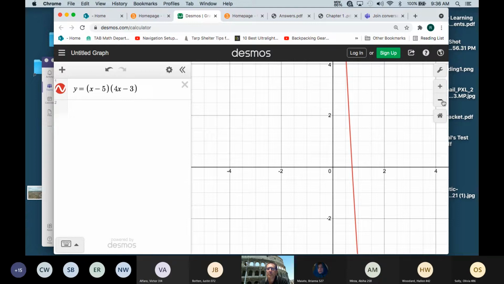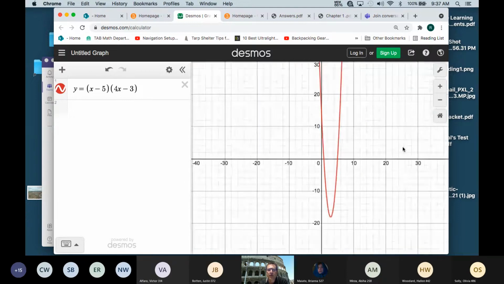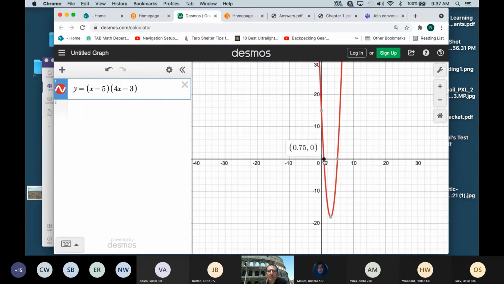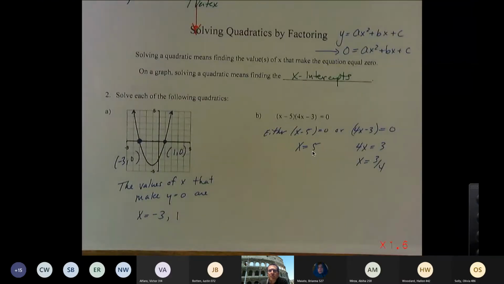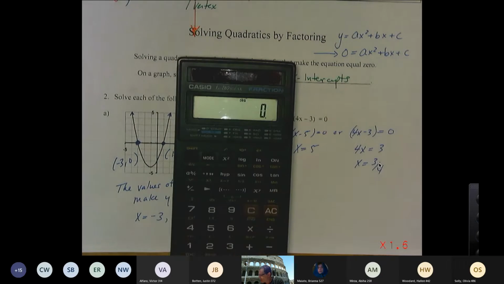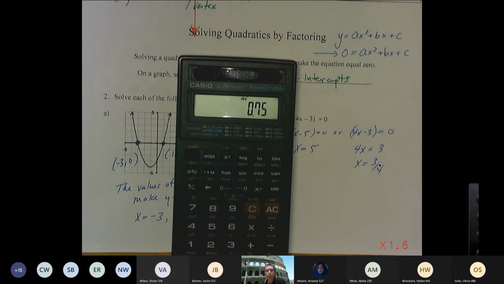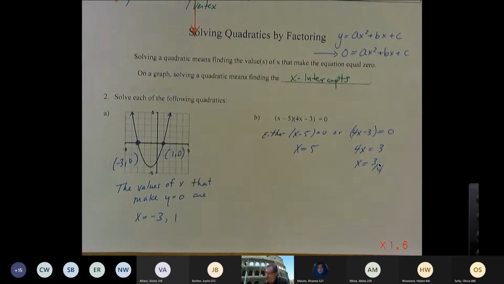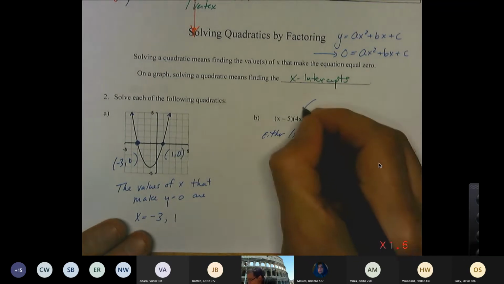And I'm going to come out a little bit. So there's my parabola. This is the algebra we were looking at. These are the x-intercepts. One is at 0.75, and the other one is at 5, 0. Well, what we came up with for answers was 5 and 3 divided by 4. Well, 3 divided by 4 is 0.75.